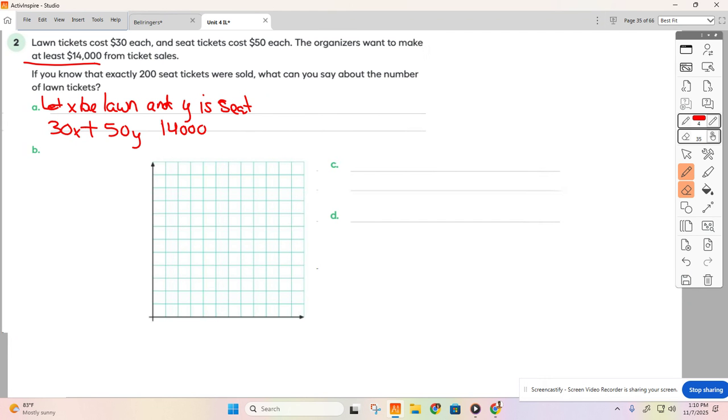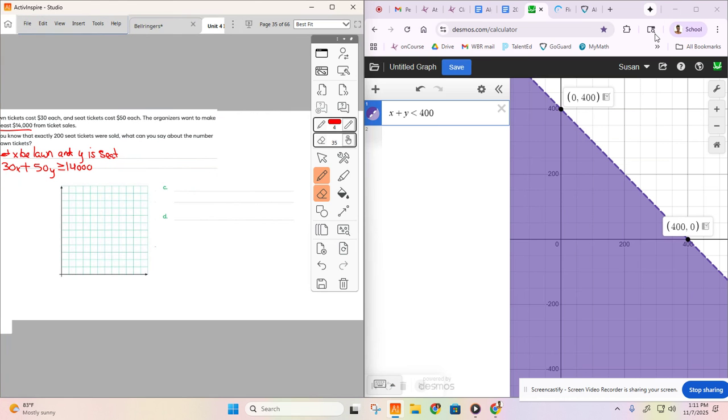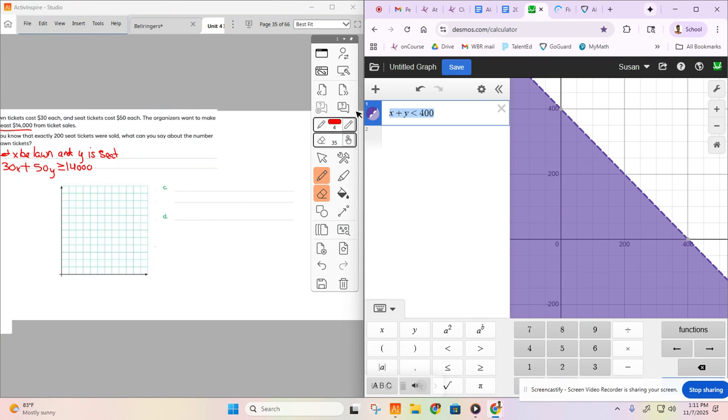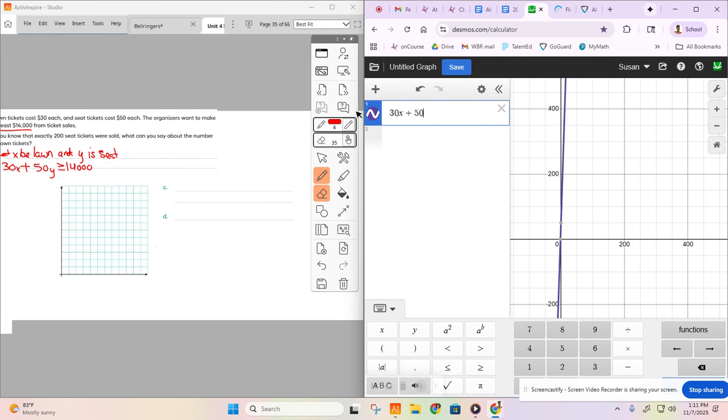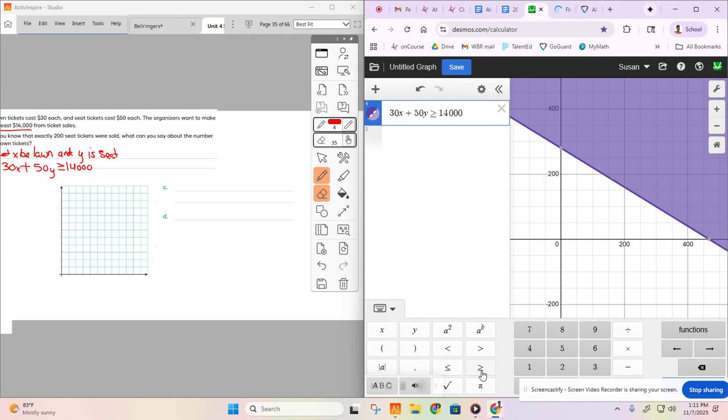So my amount, which is the part with the variables, should be greater than or equal to $14,000. I'm going to go to Desmos and type in my inequality. 30X plus 50Y is greater than or equal to $14,000.